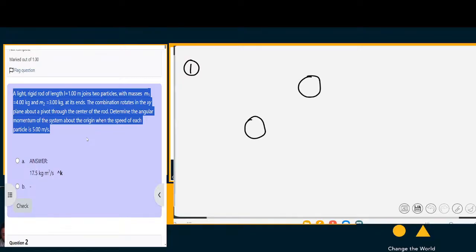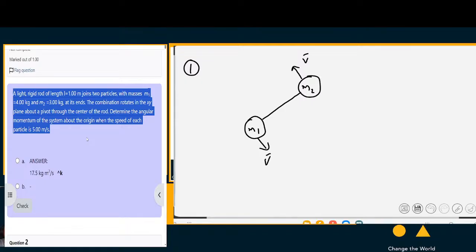This is the situation. So we have a rigid rod of length 1 meter. It's turning in that direction, and this one is going in this direction. This is M2. This is M1. This is a velocity V, that direction.